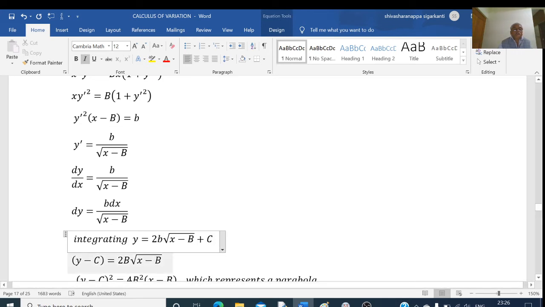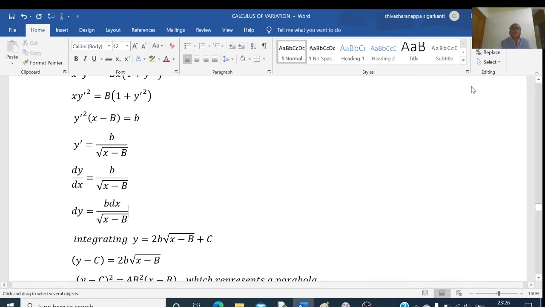I will write this as a small b. So y dash is equal to small b divided by root of x minus b. That is dy by dx is equal to b divided by root of x minus b.